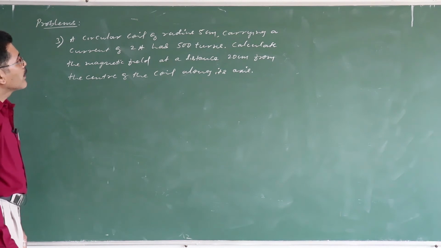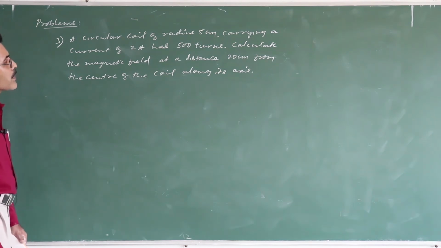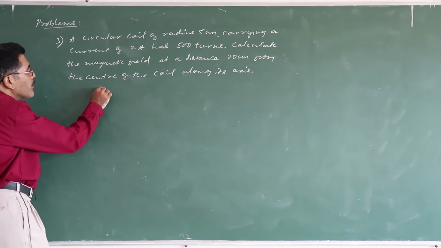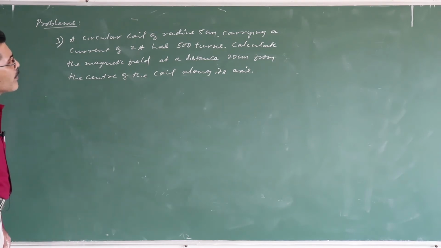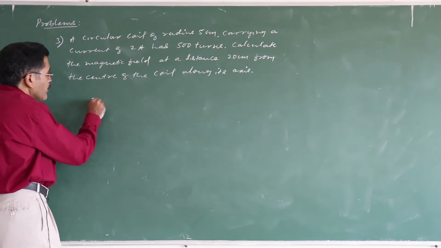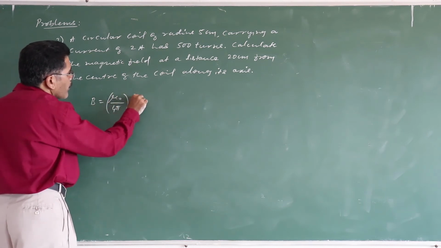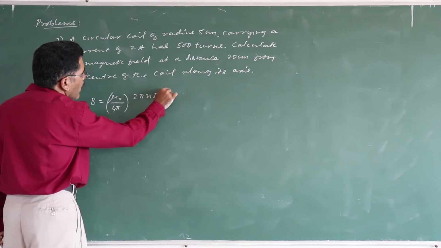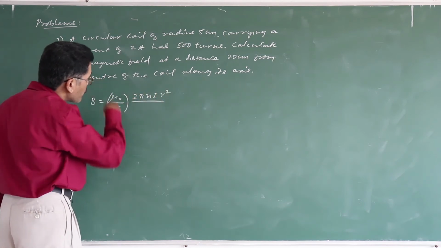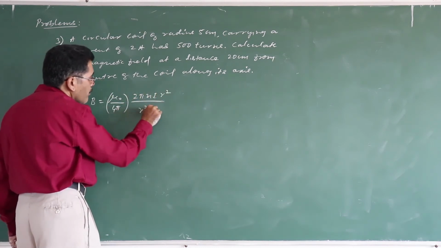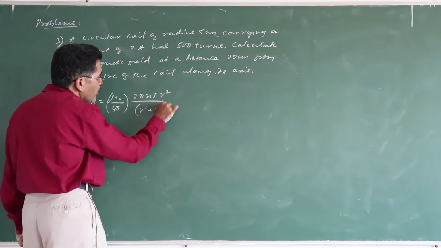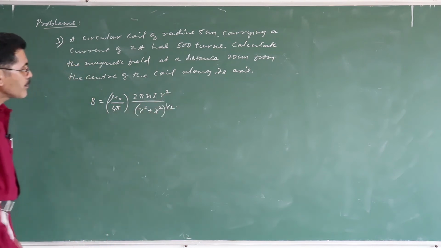See here, we shall make the approximation. B is equal to mu naught by 4 pi 2 pi n I r square by r square plus x square whole to the power of 3 by 2.